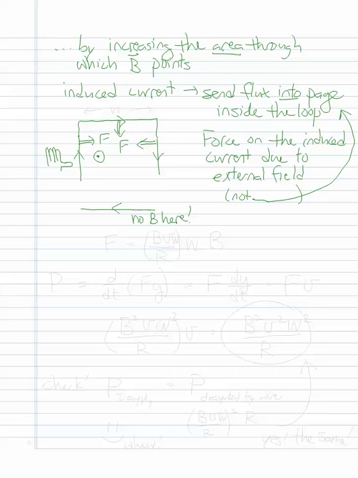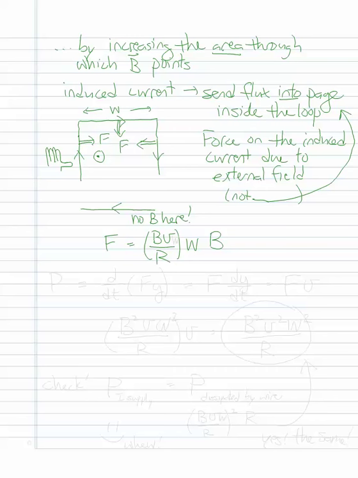So the only force on this thing then is going to be the force on that current, and the current is BV over R. So that's the current times the length of the wire, and S in this case is just the width of the wire this way. And I don't have to worry about the sides because they cancel out. That times the B field is the force that's exerted on the wire, and therefore the force that I have to exert to make it do that.